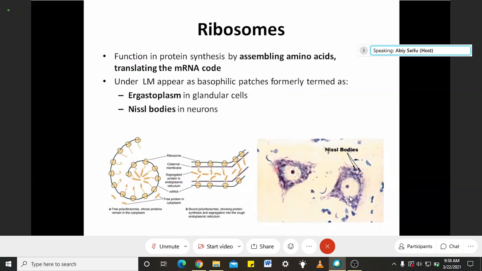These substances are largely chemical transmitter substances, many of which are known to be polypeptides. So because neurons need to produce plenty of polypeptides to be released outside, they need to have a large amount of well-formed polyribosomes and rough endoplasmic reticulum.